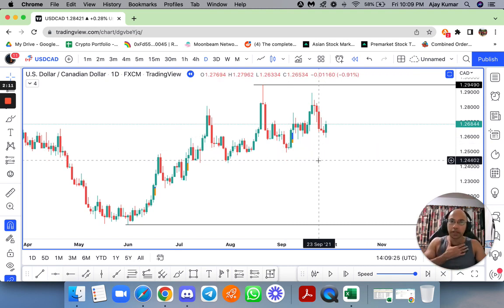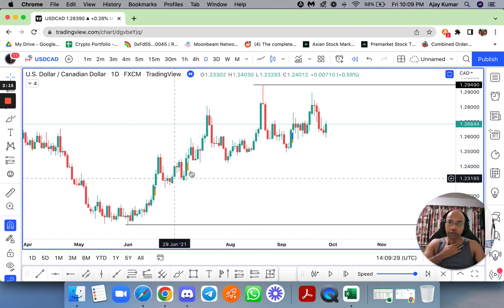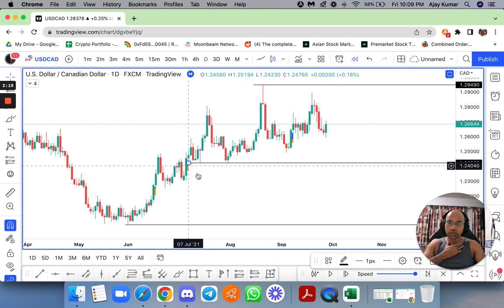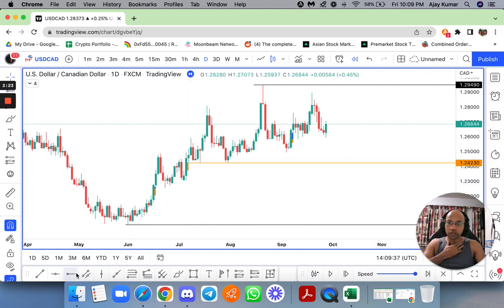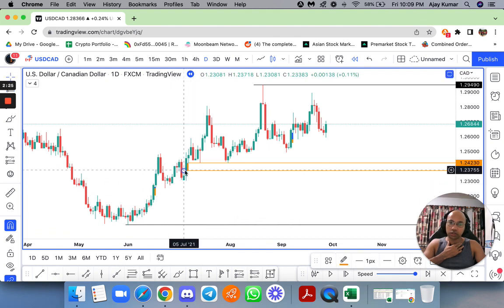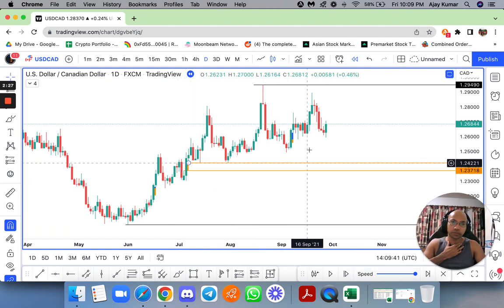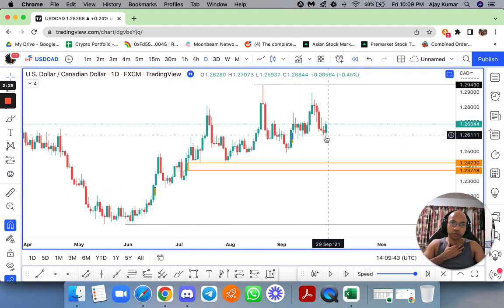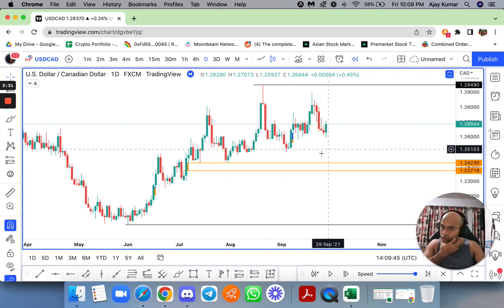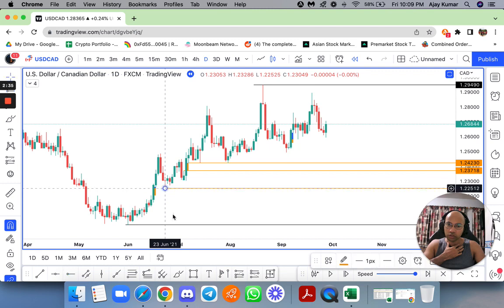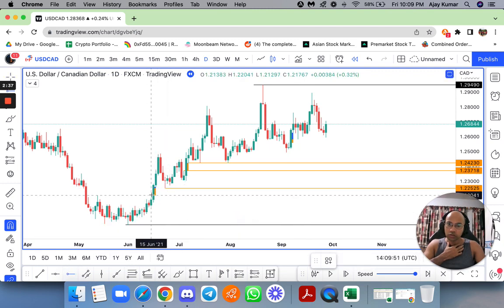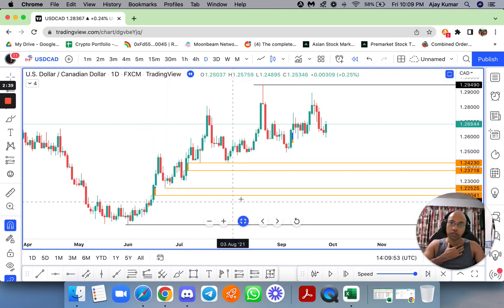So there are no order blocks. Fair value gaps. Yep, we have fair value gaps. Let's mark it out. Let's color it orange. Yep, fair value gap. That's another fair value gap where the price seems to be filling it. So I'm not going to mark it out now. Fair value gap. Right. Okay.